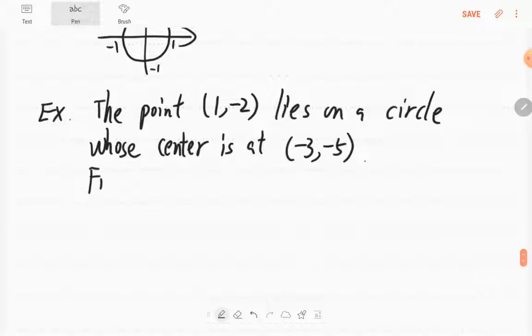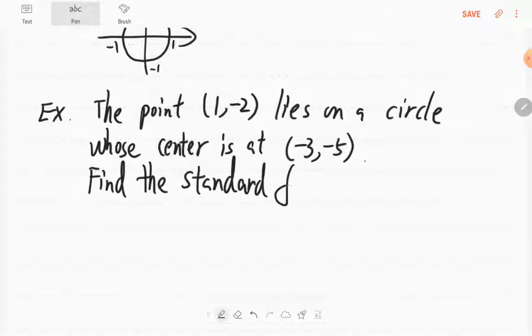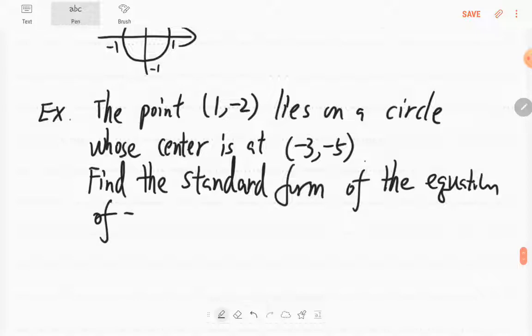We want to find the standard form of the equation of the circle.